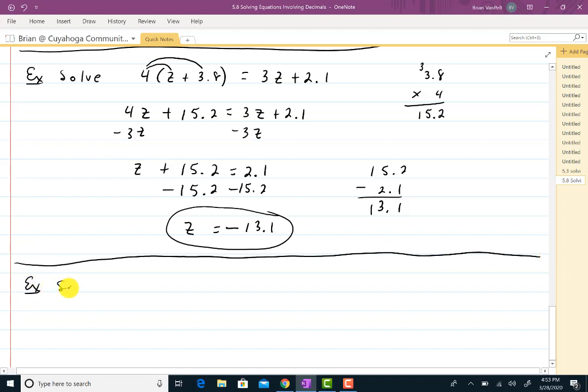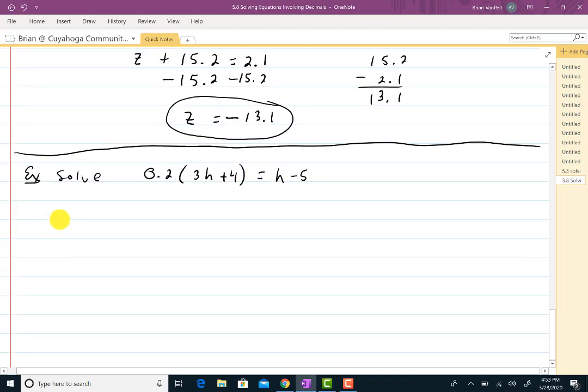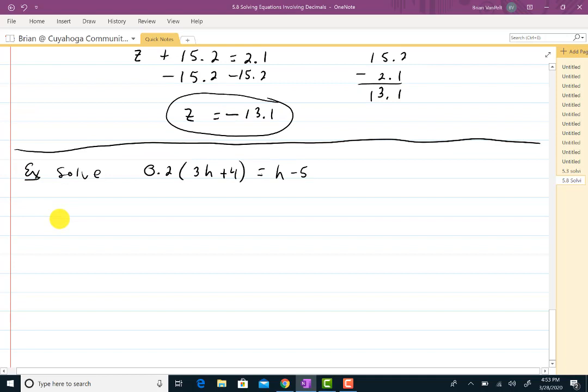And for my last one, I have 0.2 times 3h plus 4 equals h minus 5. So as before, the first thing I'm going to do is simplify. In this case, the left side, it's the only one that needs simplified.